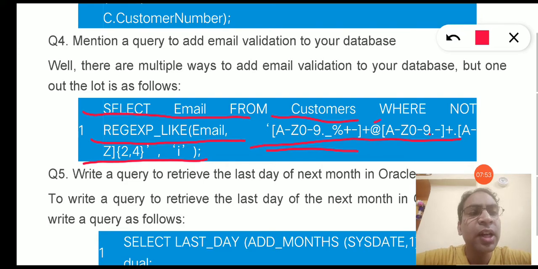Then we must have the @. Then again we have combinations of capital and small letters and special symbols, and finally we have a dot, and then we have characters from 2 to 4, because .com, .in, .co, so in these we have characters from 2 to 4. This is how we can perform the email validation while fetching the email. So this will fetch you the right email.